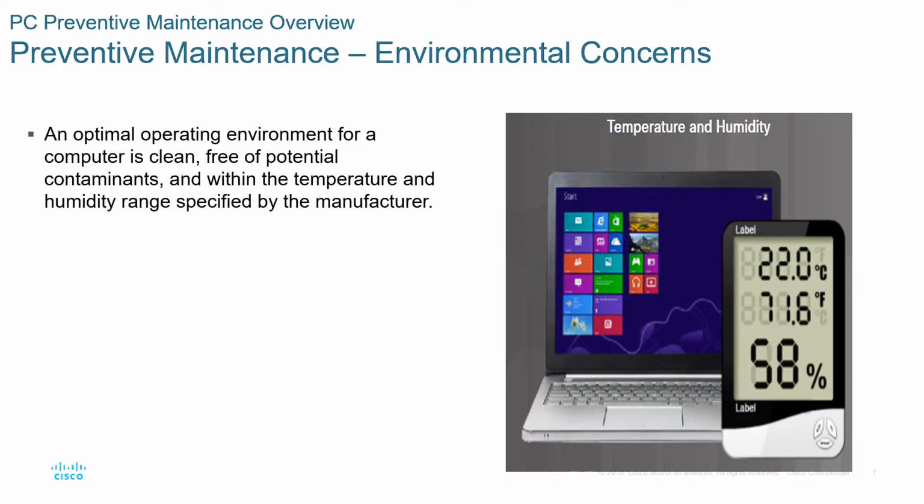Let's say you have a desktop computer, and this desktop computer is an Intel product. So it's got an Intel CPU, an Intel motherboard. Intel specifies the optimal temperature range for all of its processors. Some of them are usually around 90 degrees Celsius.